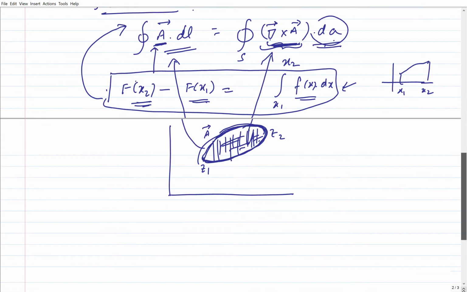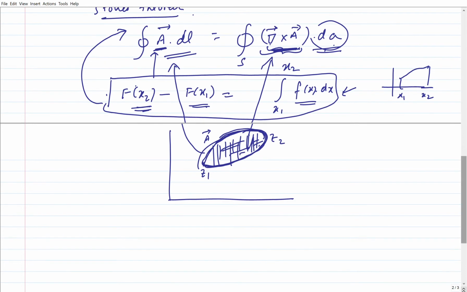So what do I get over here? I have represented the integral of a dot dl over the loop as the integral of the curl evaluated at each differential surface element. But if you look at the curl, what does the curl tell me of this function?